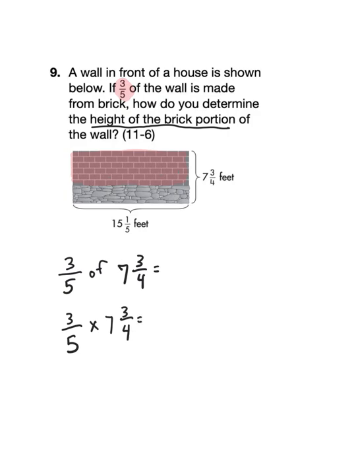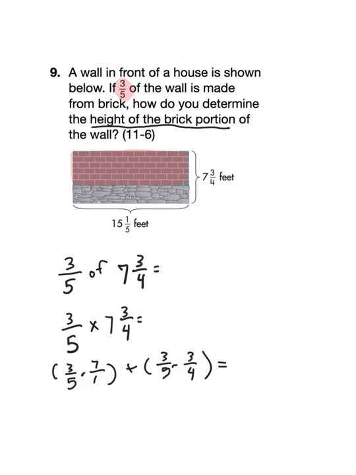Okay, now you have two choices here for how you can multiply this. You can multiply 3/5 times 7, like this, and then add to that 3/5 times 3/4. You can do it that way. So let's do option 1 and then I'll show you option 2.